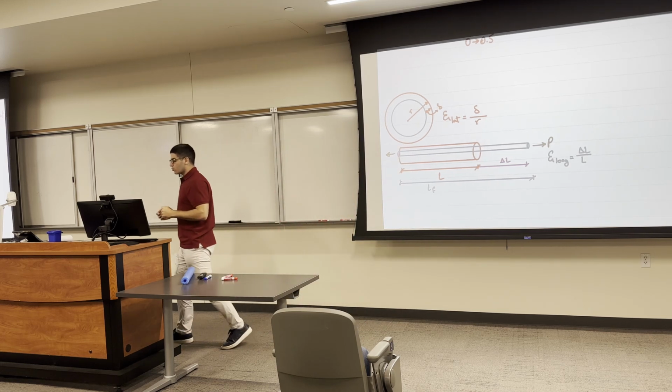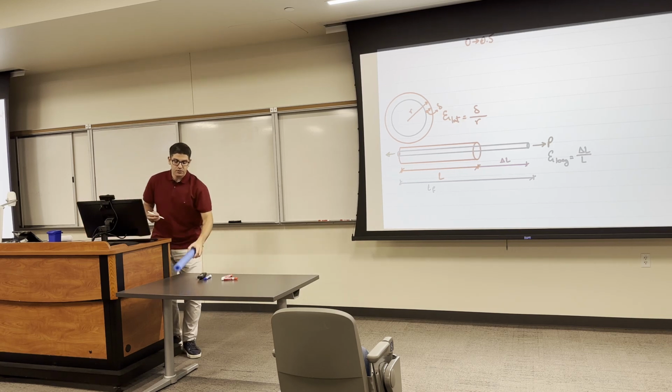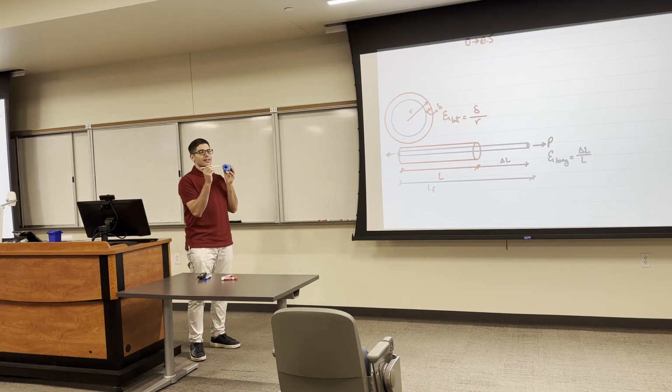And if I want to find, for example, the lateral strain here, the lateral strain is delta over r. And delta is the elongation that happened here. So elongation over the original r, which is the definition of strain. So that's the lateral strain, the strain that happened in the lateral direction.